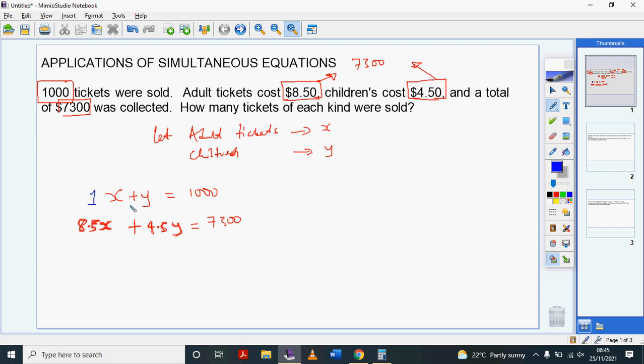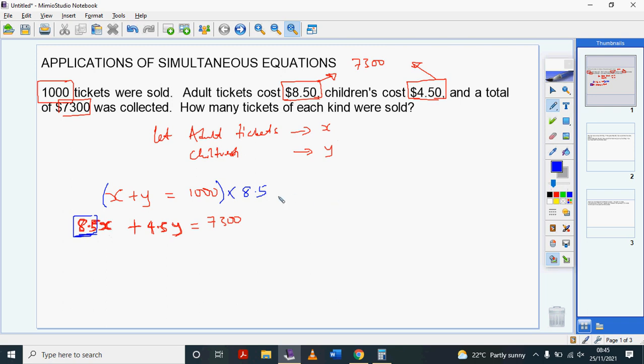The coefficient of x is 1, but here the coefficient of x is 8.5. If I want to eliminate x, I need them to have the same coefficients. So in order for this first equation to have the same coefficient as the 8.5, I'm going to multiply the whole equation by 8.5. And just reminding you, coefficient is simply the number in front of a letter.